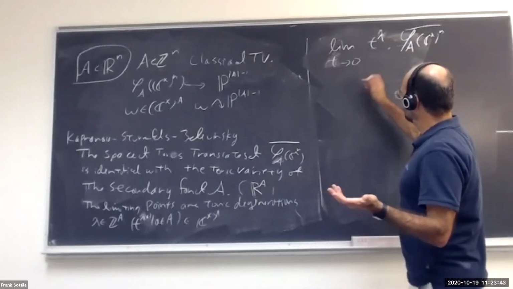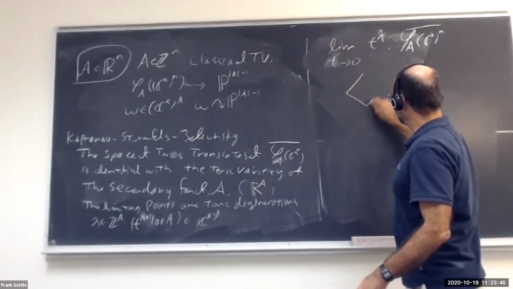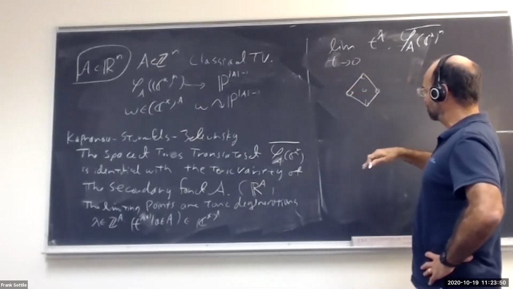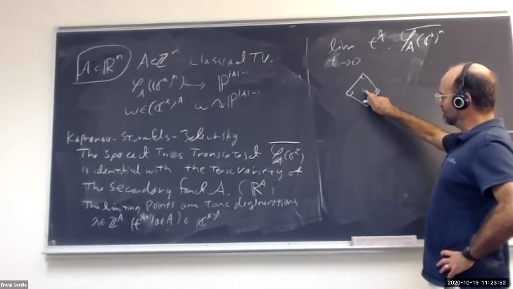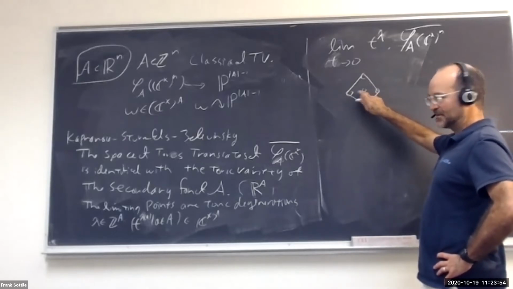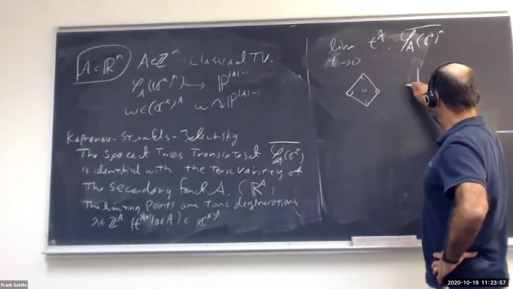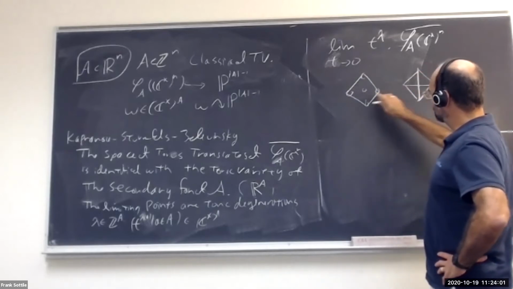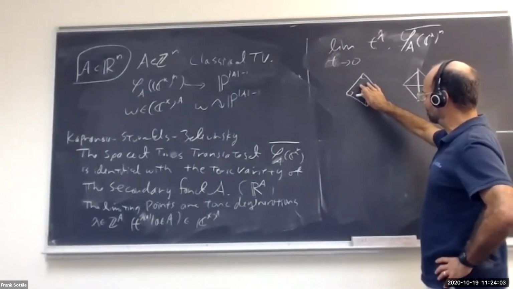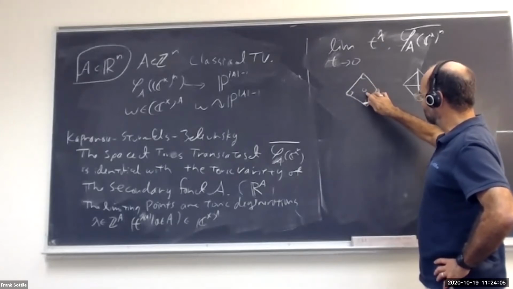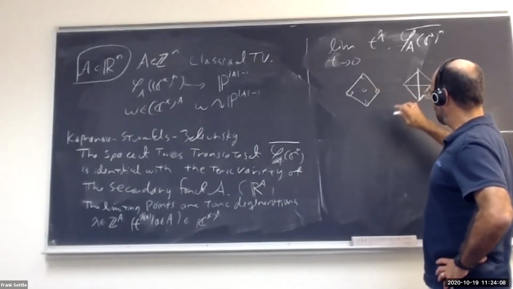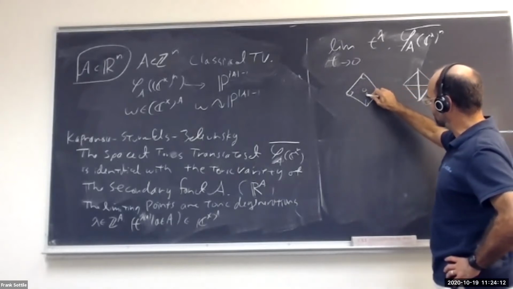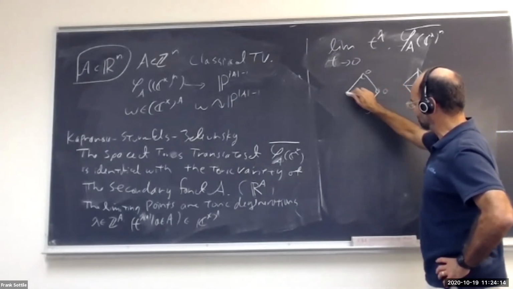So for instance, if you start out with, say, these set of 5 integer vectors, you could consider a lifting function that lifts this to height 1 and leaves the other one at height 0, and then you'll get a picture that looks like this. And the limit of this singular 2-dimensional toric variety will be 4 P2s, one for each of these triangles, if you give this a value 1 and these other ones value 0.